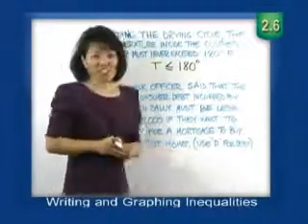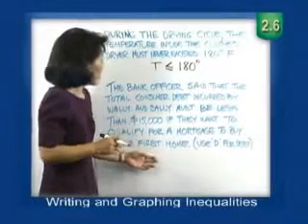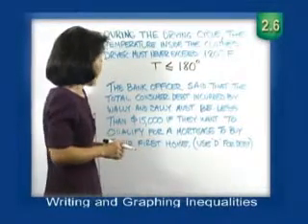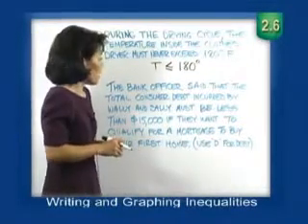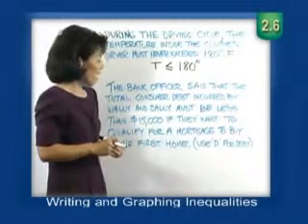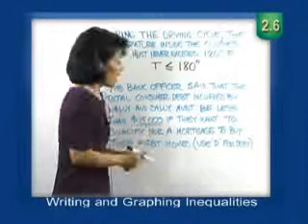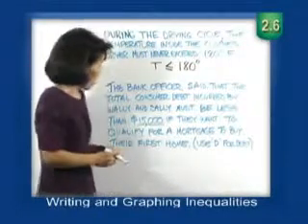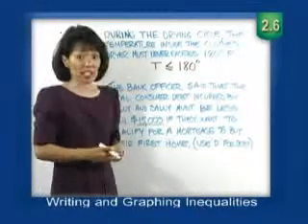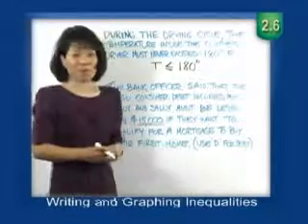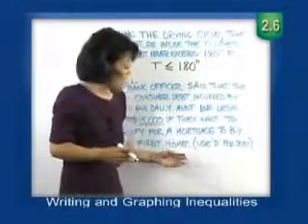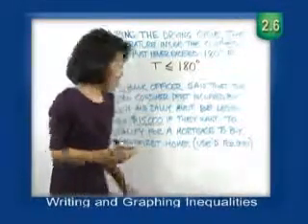Let's look at our second one here. It says the bank officer said that the total consumer debt incurred by Wally and Sally must be less than $15,000 if they want to qualify for a mortgage to buy their first home. In this problem, we're going to use D to represent their debt.